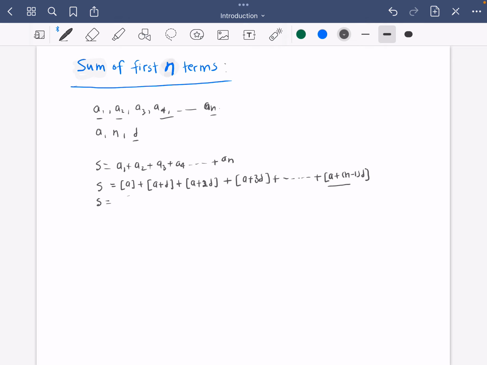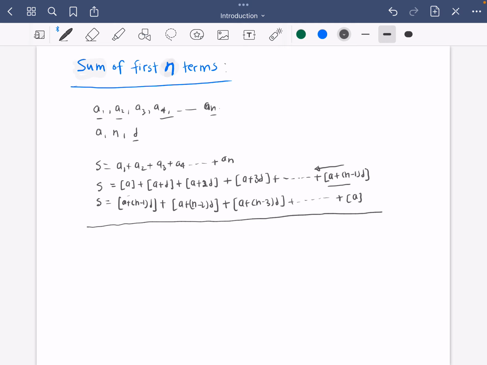That means I want to put the last term first. a plus n minus 1 times d plus a plus n minus 2 times d, plus a plus n minus 3 times d, plus and so on until I get to the first term, that is a. I just flipped this order.